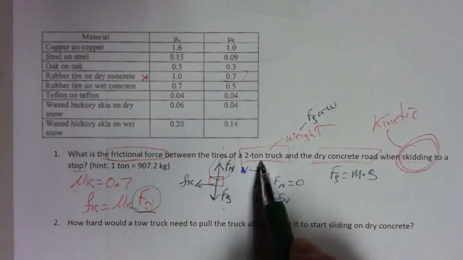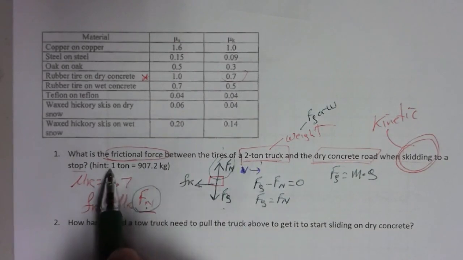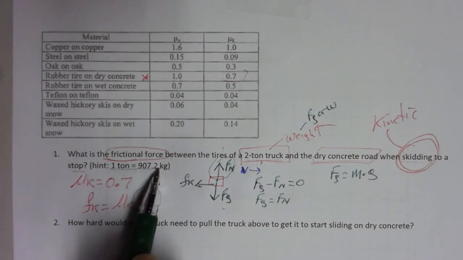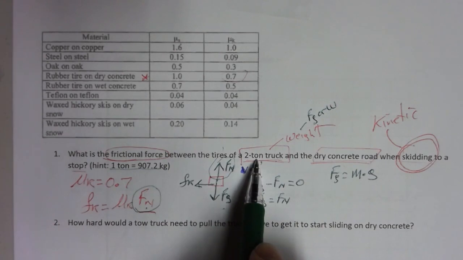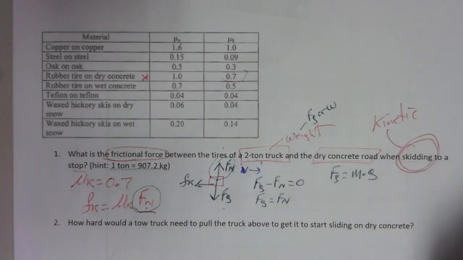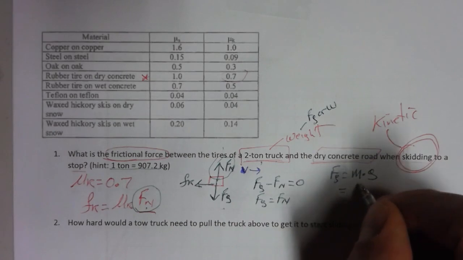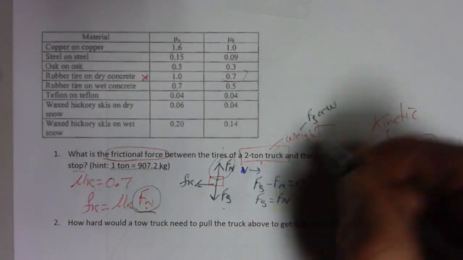Well, we got a 2-ton truck. It tells us here 1 ton is 907.2 kilograms. Well, a 2-ton truck, that's 1,814.4 kilograms. So I got to figure that out.